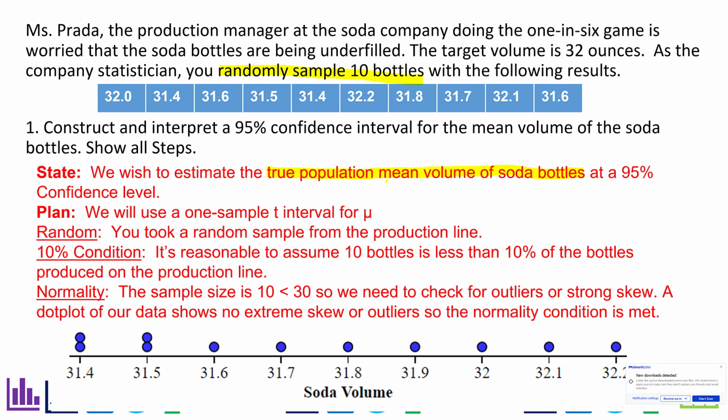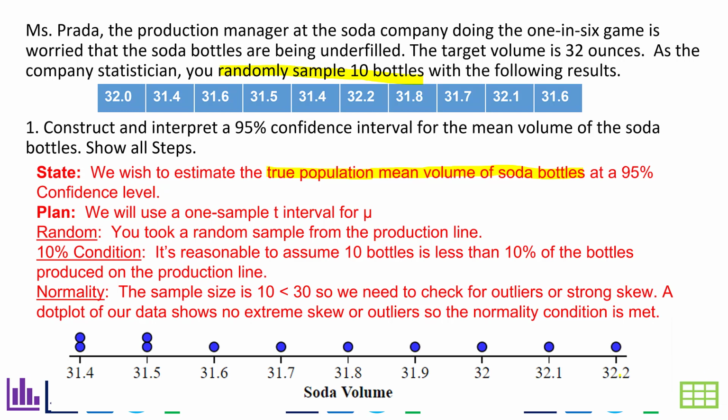10% condition. I would hope that 10 bottles is less than 10% of all the bottles produced on the production line, even for that hour or day. Normality. Because this is such a tiny sample, you really should have a dot plot here.